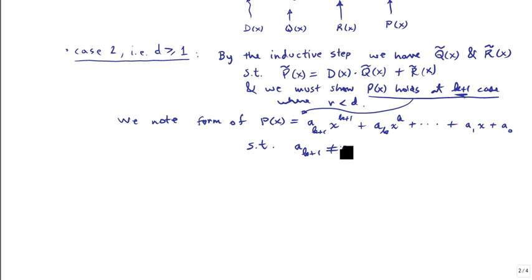Otherwise, it would not be a K plus 1 degree polynomial, right? So the coefficient A sub K plus 1 must be different from 0.